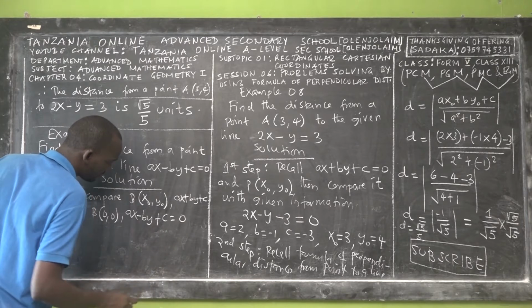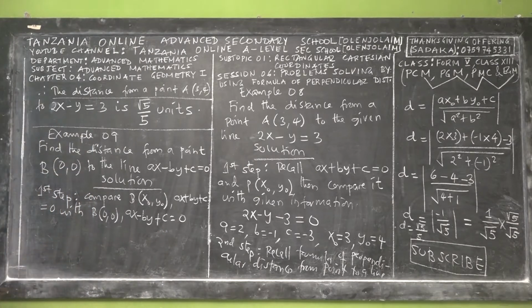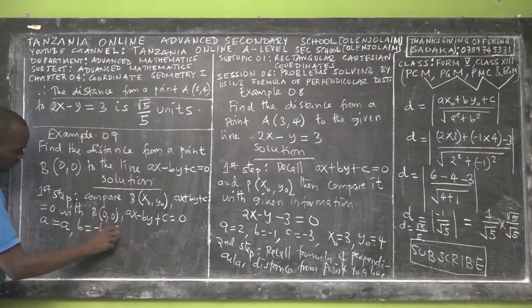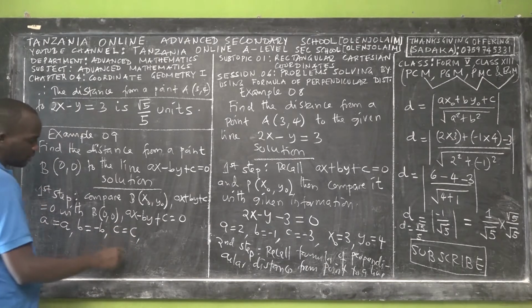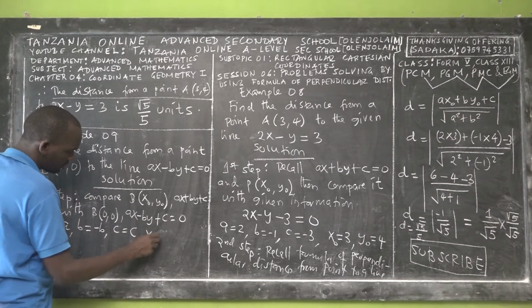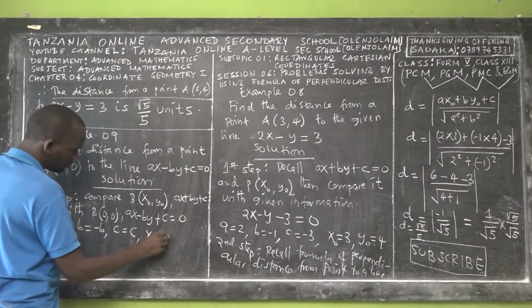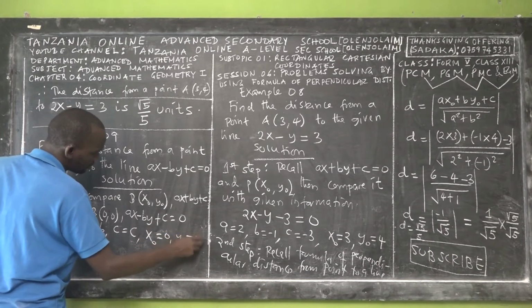If you compare, the value of a is a, the value of b is negative b, the value of c is c, and the value of x naught is 0, the value of y naught is 0.